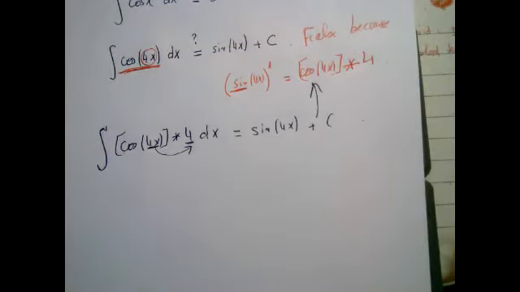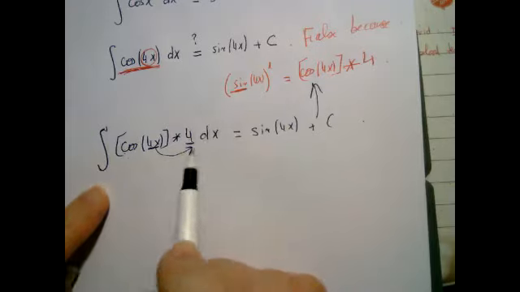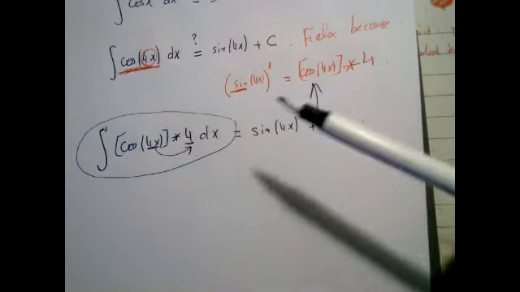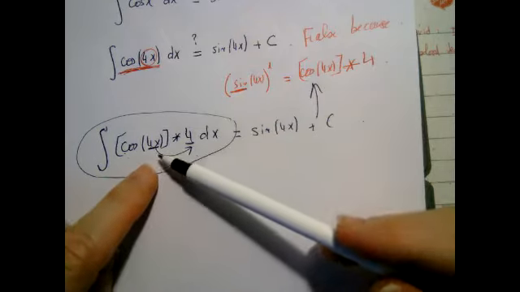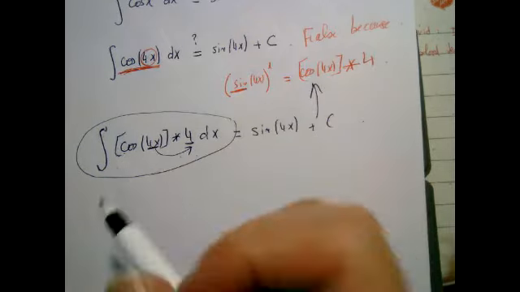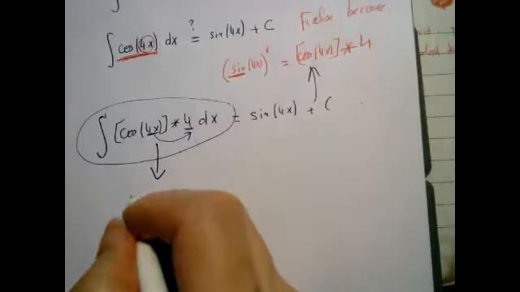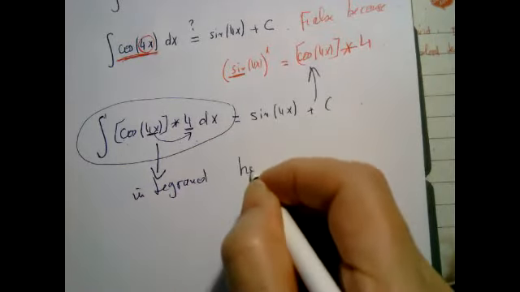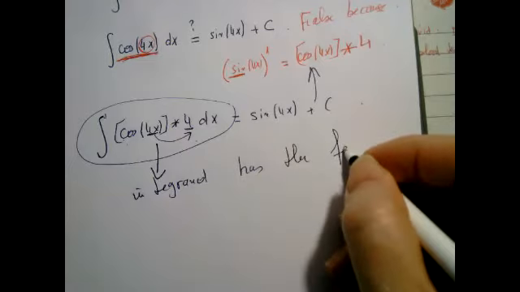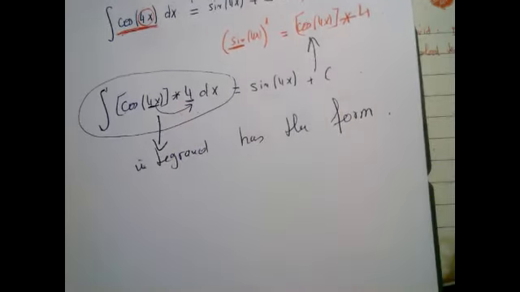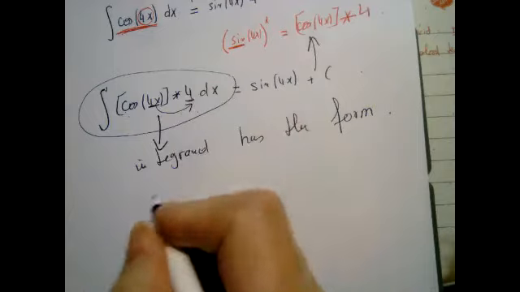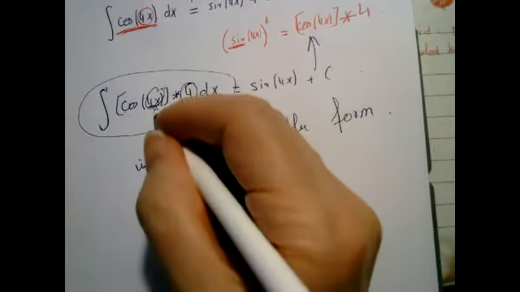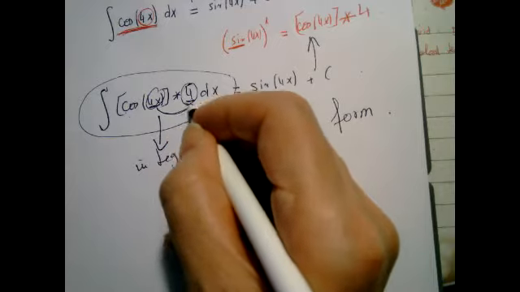Okay, so let us really look at this integrand here. That's the piece I want to start focusing on. What is this integrand, and why did we get sine 4x? This integrand is very specific. There's an inside function for x, and the derivative of the inside is part of the integral.